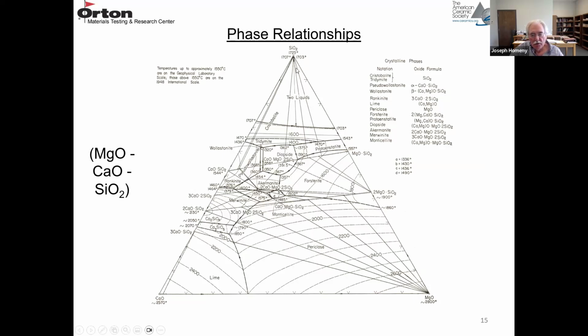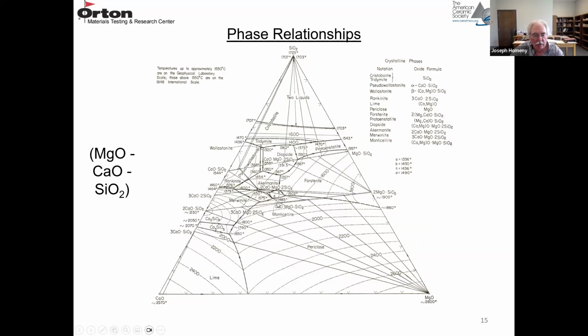So this is SiO2, MgO, and CaO. And we're right here in this part of the phase field, the high MgO corner. But if you look at what borders the periclase or MgO phase field, you'll see over here this forsterite, which is 2 MgO SiO2. That's a fairly high temperature material and a refractory material by itself.